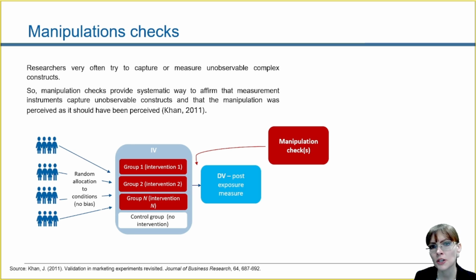It's because the nature of social sciences, of marketing and management disciplines, of psychology is such that we are often interested in very complex, unobserved constructs, psychological processes, perceptions, and attitudes. When we try to measure them using experimental research, or try to see how they change based on a particular interventional stimulus that we expose our participants to, we need to ensure that our experiment was designed in such a way that it actually captures this complexity.